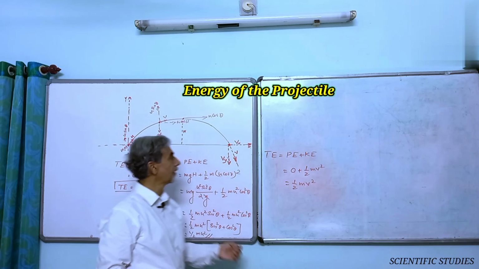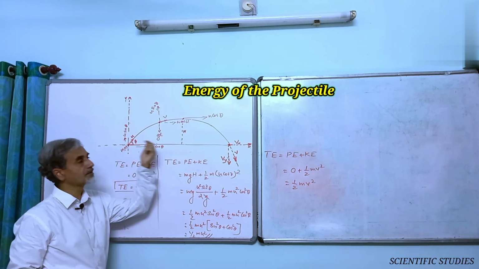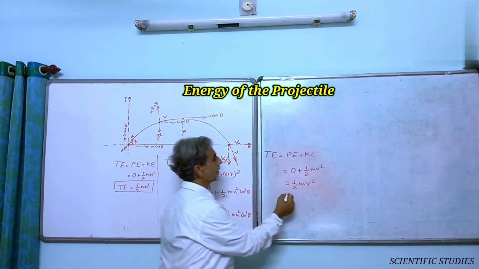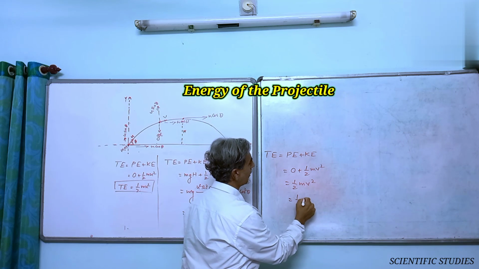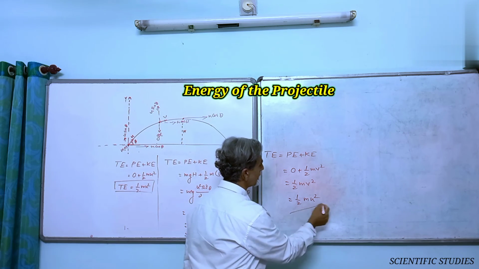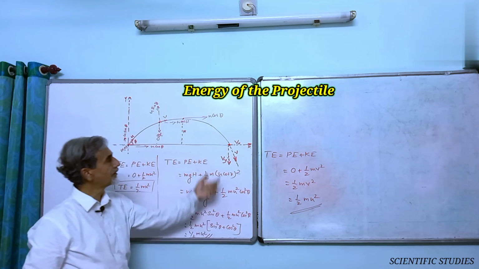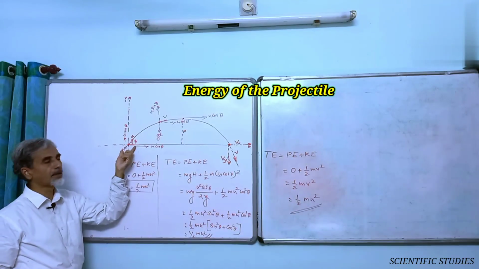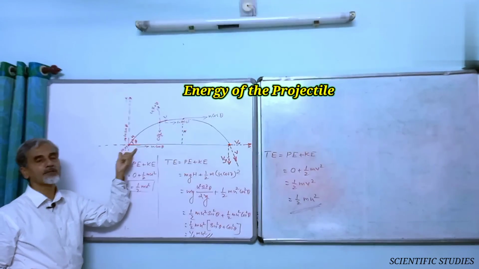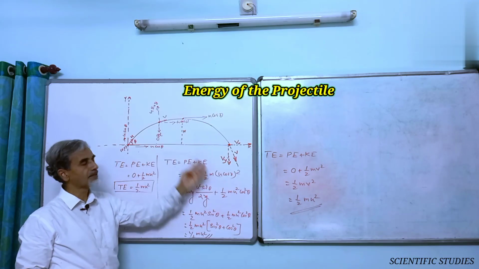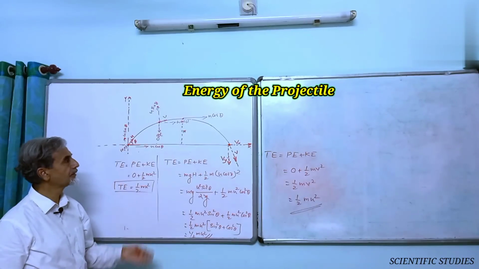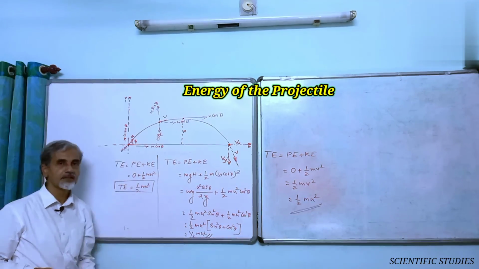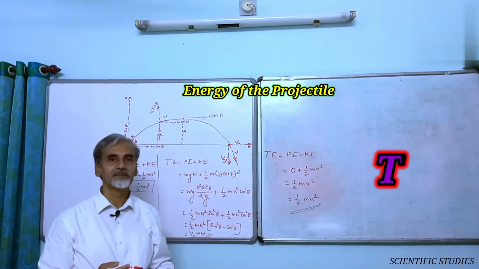And we know that the velocity of projection is the same as the velocity at the end of the projectile. Therefore, it is equal to half m u square. That means the total energy at the end, the total energy at the maximum height, and the total energy at the beginning of the projectile, all these energies are the same. So the projectile is in accordance with the conservation of energy. That is all.